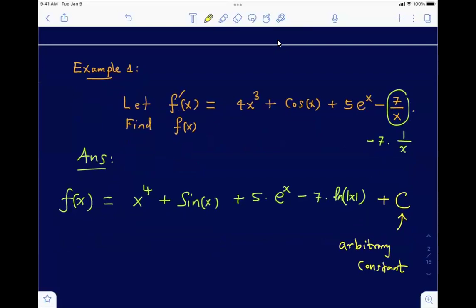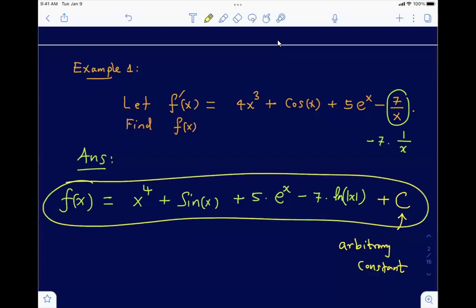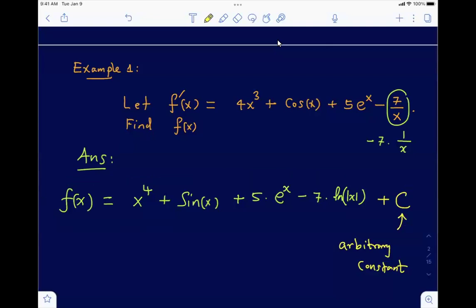So the role of this arbitrary constant is that it is not getting any specific value. In other words, this entire expression is actually not a function. What you have is a family of functions. So when you consider this inverse problem, it does not allow you to have just a single function.